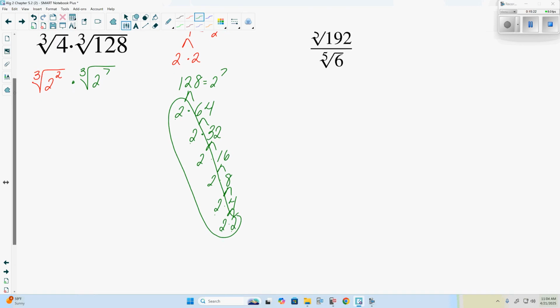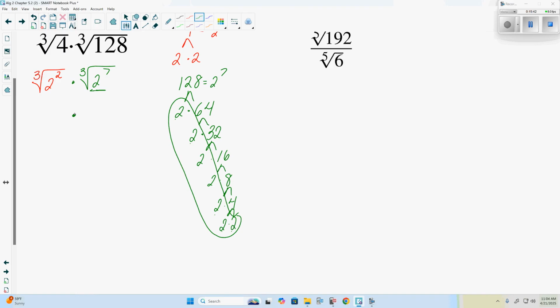So, again, when we're looking at cubed roots, we're trying to find the number times itself 3 times. Now, the second one, the cubed root of 2 to the 7th, we can simplify this. It's how many times is 2 being multiplied by itself? Well, 7.